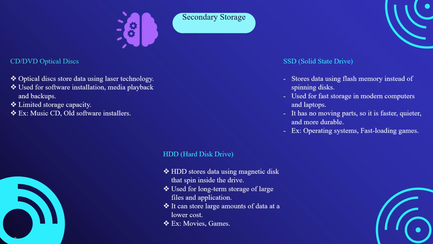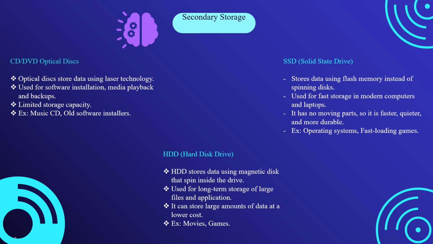Next we have CDs and DVDs, optical discs, which store data using laser technology, and these were commonly used for software installation, playing media, and creating backups, although they have fairly limited storage capacities compared to modern options. Today we mostly see them used for things like music CDs or older software installations.